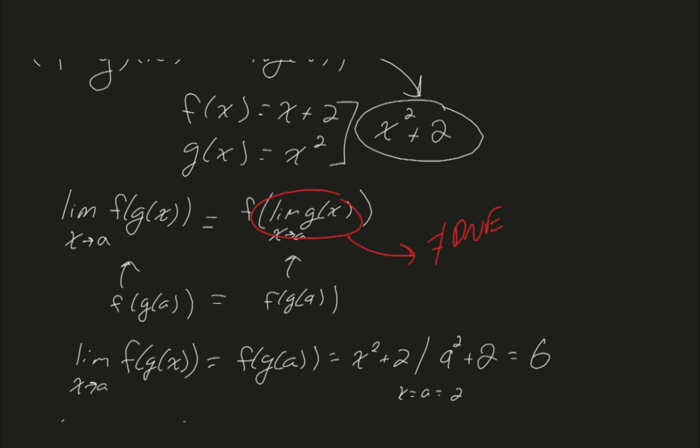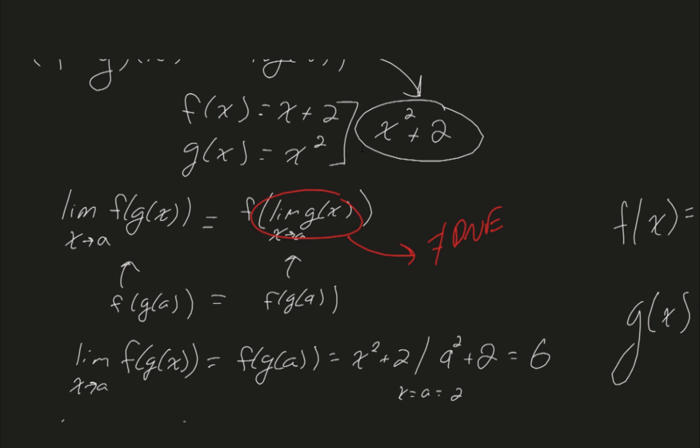We could have a situation in which, however, that limit of g of x as x approaches a does not exist. That'd be the case where our g of x is something like 1 over x, but our f of x is something like... well, that's pretty tough, getting something that would actually cause cancellation. We might actually be dealing with a situation in which we don't have to worry about that. So, maybe we should scratch that in its entirety, because we really don't have to worry much about that.